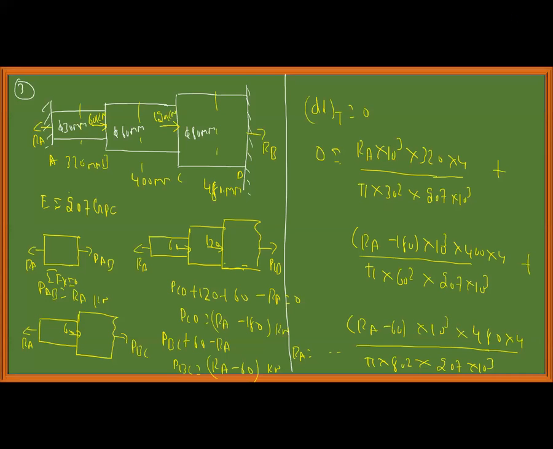Tell me the value. What is the value of RA? You can cancel this, 10 power 3 throughout.